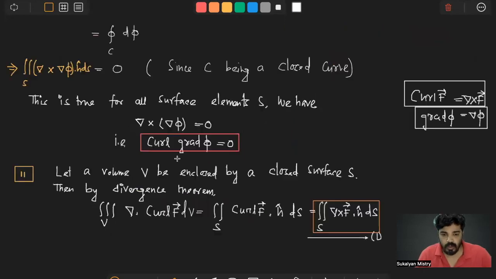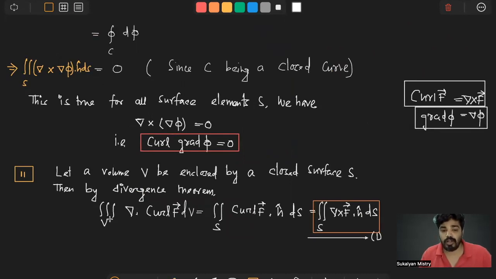Okay, so please note here it will be del dot F dV, where F means curl F here. We take F equal to curl F, so dV is equal to double integration over S of F dot n dS, where F is curl F, that means del cross F. So ultimately we get this equal to 0.